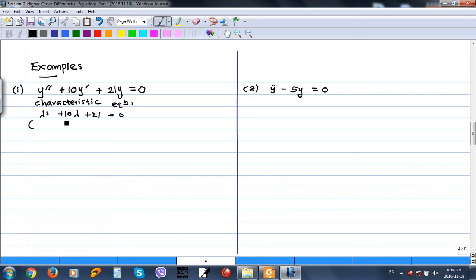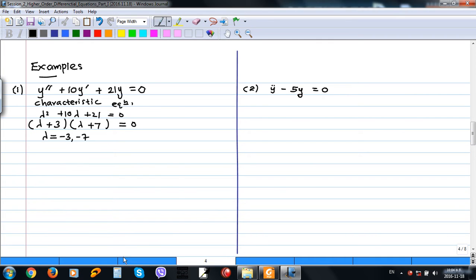Now we can find the factors, lambda plus 3 and lambda plus 7. So we can find the solution: lambda equals minus 3 and minus 7.